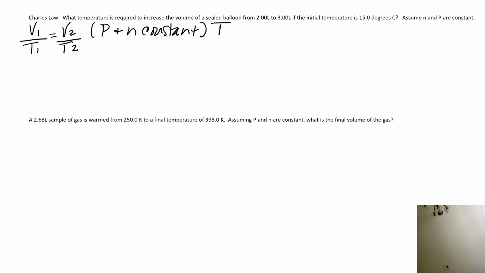And temperature is in Kelvin. So remember, anytime we have temperature in a calculation for gas laws, that temperature must be in Kelvin.